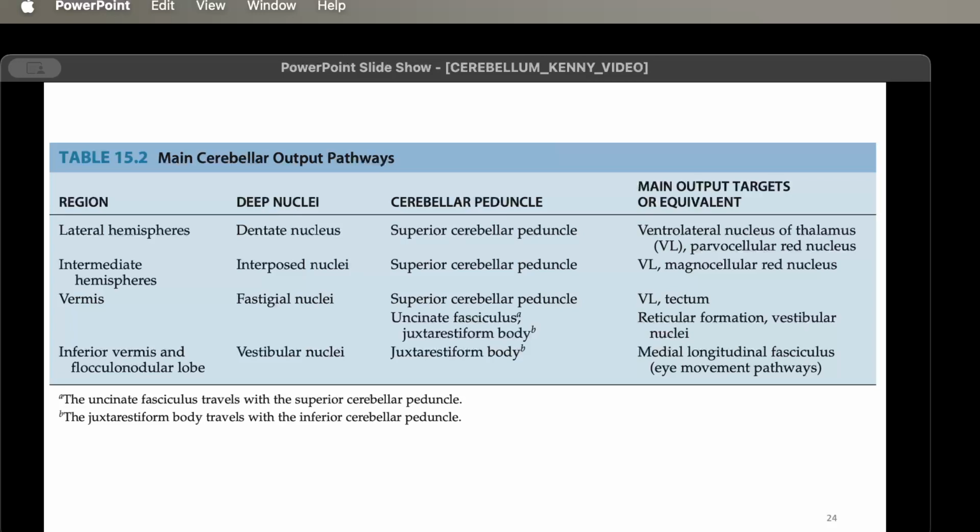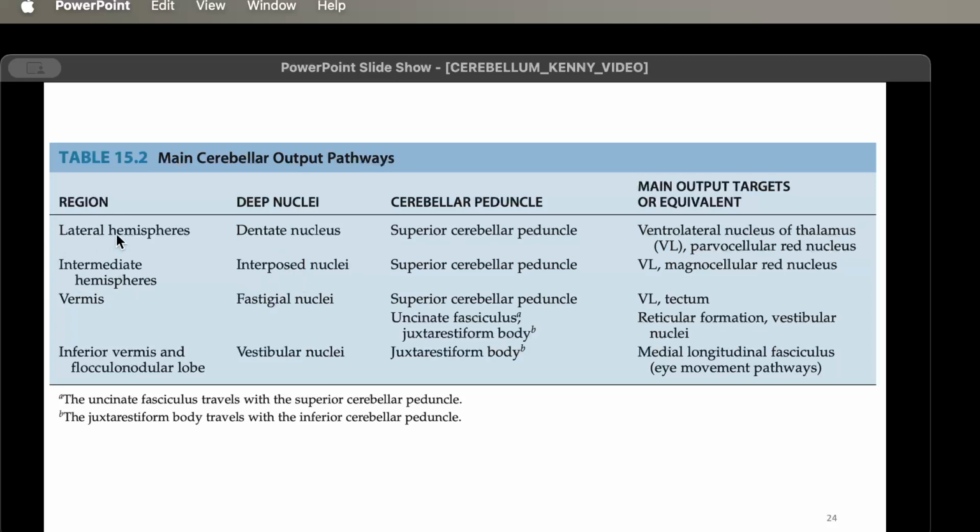You just have to appreciate that all these outputs come through the superior cerebellar peduncle. But I think that's the important thing, and we have already associated the regions with the nuclei.